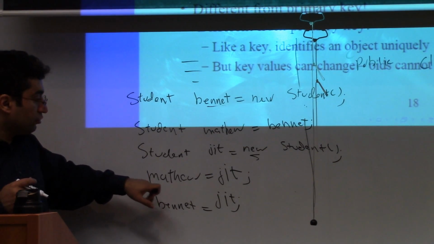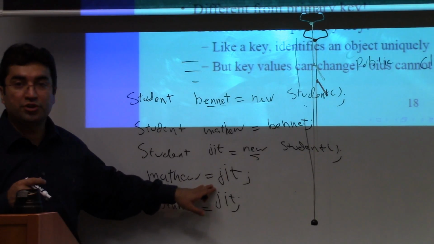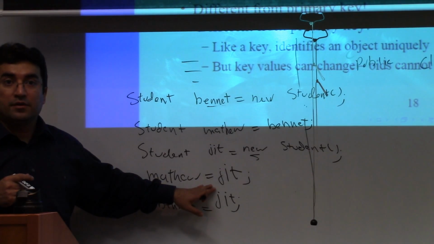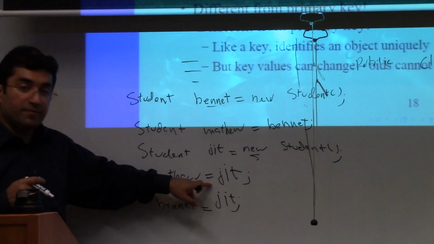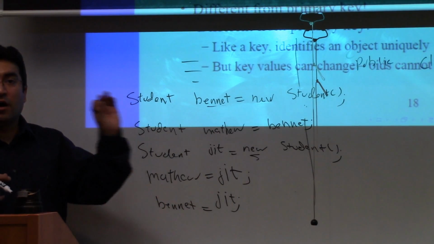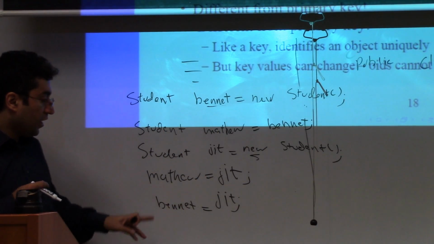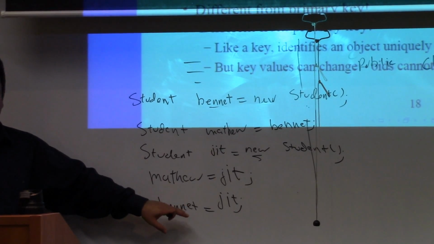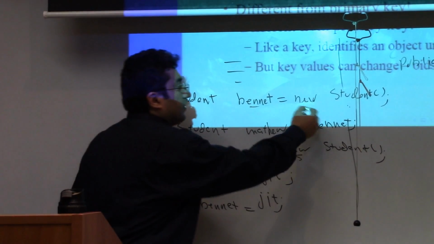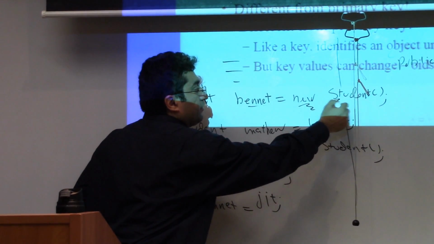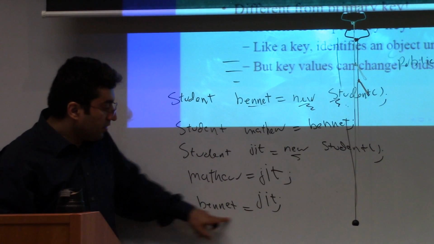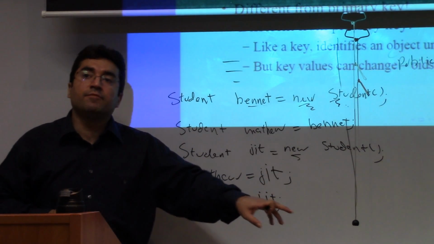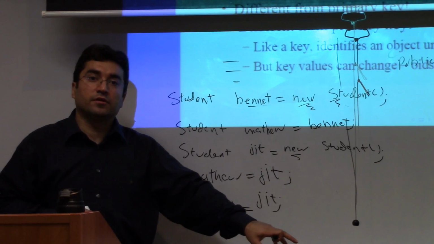Here, if I do this, Matthew is equal to JIT, then what happens is this Matthew is now pointing to the object ID of JIT. If I do this, Bennett is equal to JIT, nothing will change on the ID that we created over here. From now on, Bennett is also pointing to the object JIT is pointing to, okay?